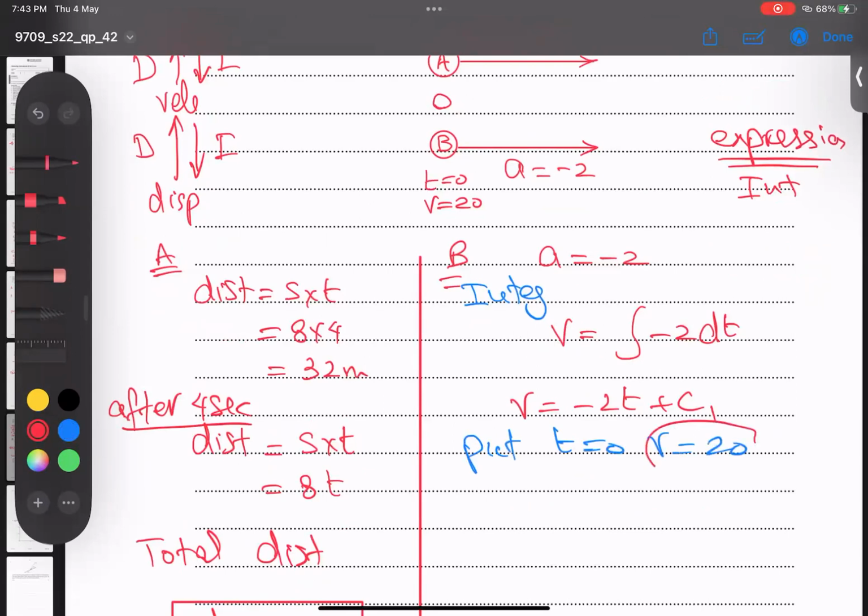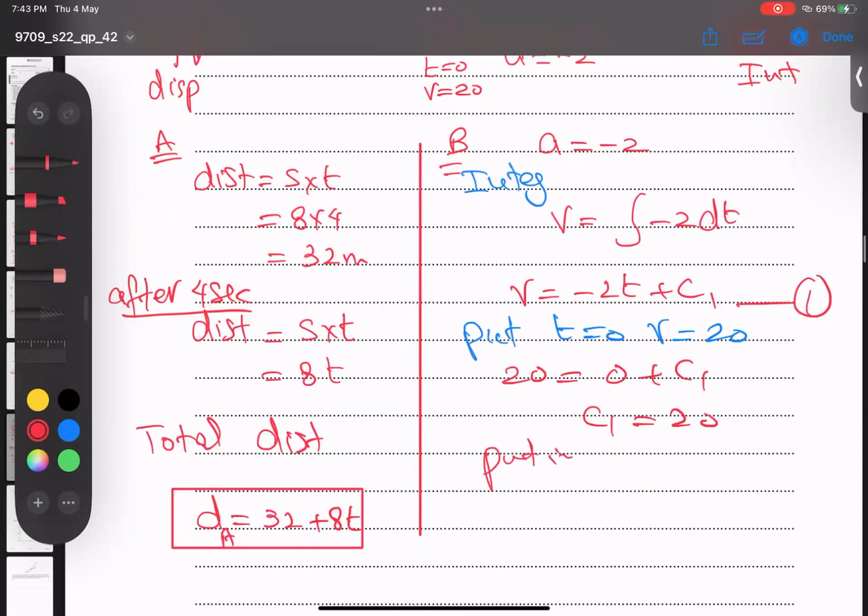So I will plug in 20 here. So -2 times 0, time 0 here is gone. So C1 becomes 20. I plug in equation number 1. So the velocity expression is finally, I got it.